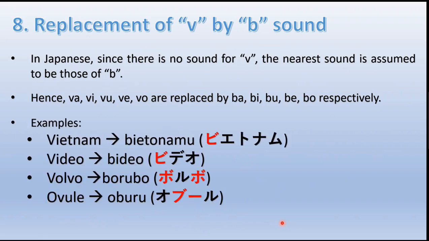For example, if the foreign word is Vietnam, then in Japanese it will become Betonamu. Video will become bideo. Volvo will become Borubo, and ovule will become oburu. So simply you have to replace the V sounds with B sounds. So this was rule number 8.